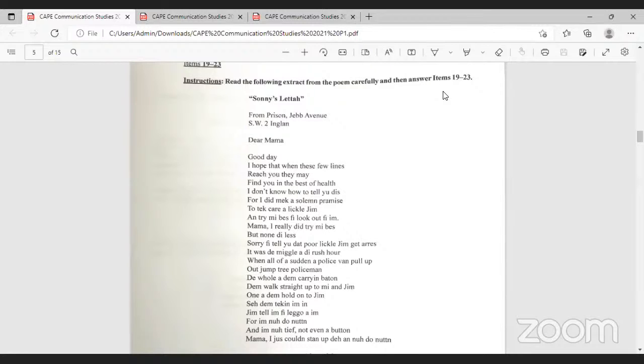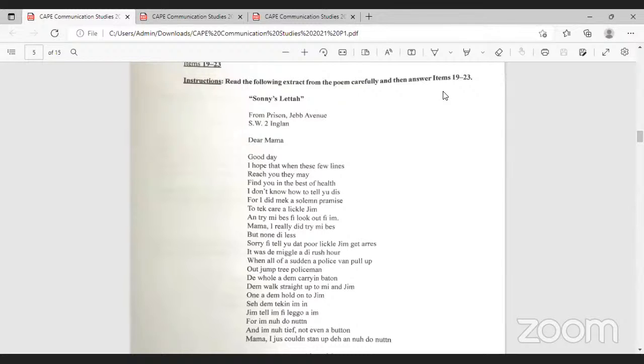It was the middle of the rush hour, when all of a sudden a police van pulled up, out jumped 3 policemen. All of them carrying baton. Them walk straight up to me and Jim. One of them hold on to Jim, said them taking him in. Jim tell him to let go of him, for him not do nothing. And him no thief, not even a button. Mama, I just couldn't stand up there and not do nothing.